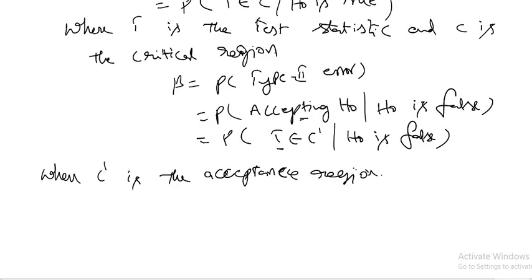Now, alpha and beta are probabilities: alpha is the probability of type 1 error, beta is the probability of type 2 error. For alpha we have one more name, level of significance.